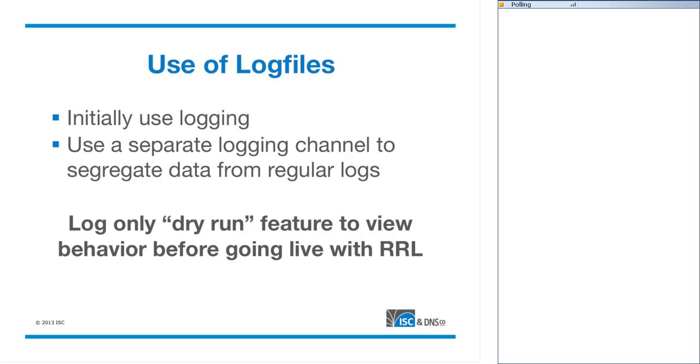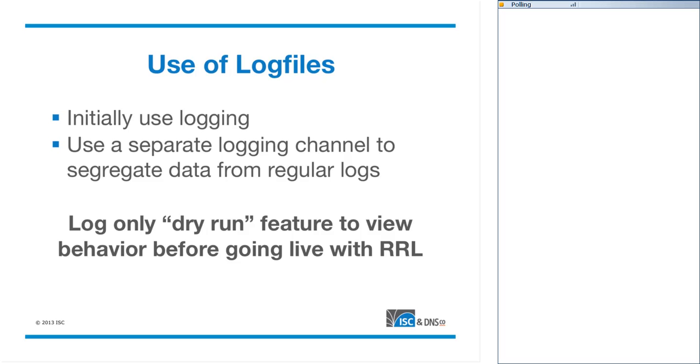So what we normally tell people is go ahead and start logging for RRL to start out, and then once you get comfortable with it, you can basically comment it out or whatever. If it causes you a performance impact, fine. If you're overly provisioned and you have capacity galore, go ahead and continue to run it if you feel you have to. But what we also tell people to do is set up a separate logging channel for this.